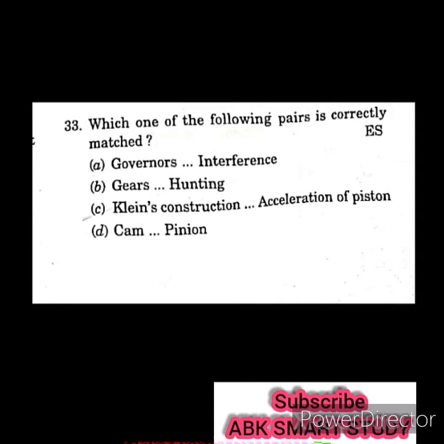Next question. Which one of the following pairs is correctly matched? So 4 pairs are given. Governor, interference: this is wrong, because interference is in gears and hunting is in governors. Klein's construction, acceleration of piston: this is right. And cam, pinion: this is wrong.